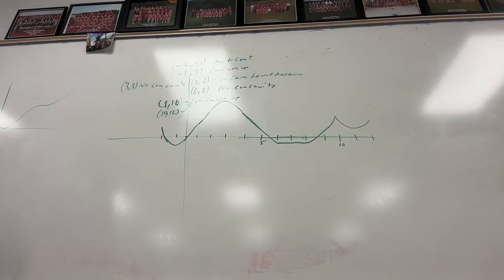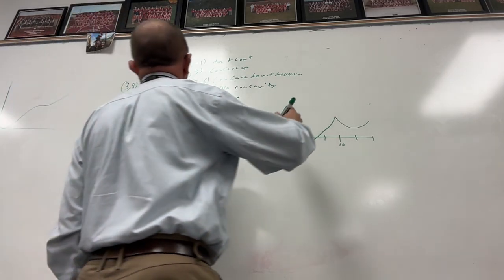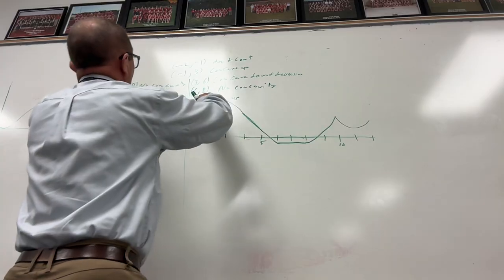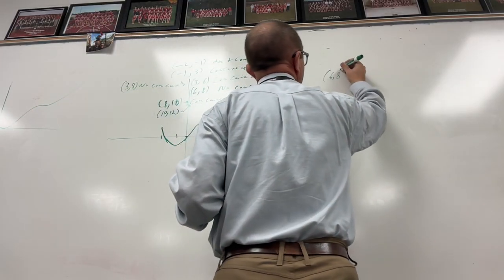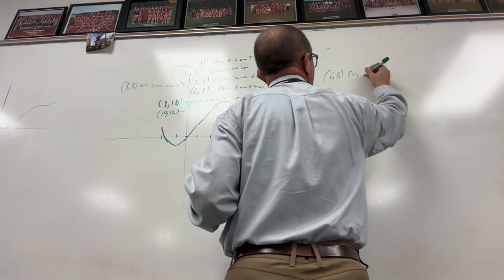Now, I will tell you for sure, this is the only thing I'm going to tell you for sure right now, is that there is this agreement that from 6 to 8 there's no concavity. And that is correct.